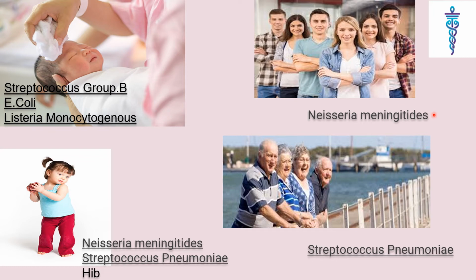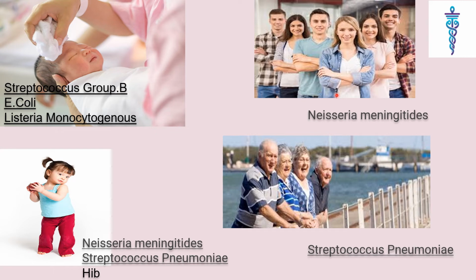Give antibiotics orally and rapidly to kill the bacteria. In children, rifampicin and in adults ciprofloxacin is given orally, so it is secreted in saliva and goes into the nasopharynx.